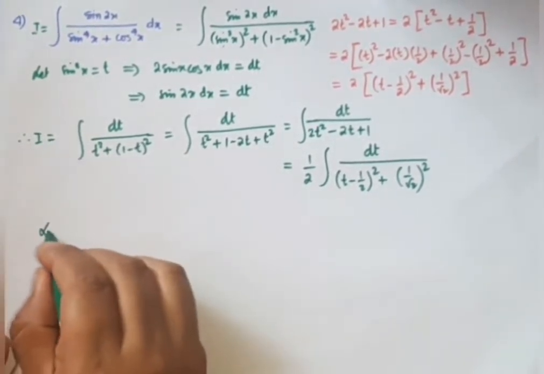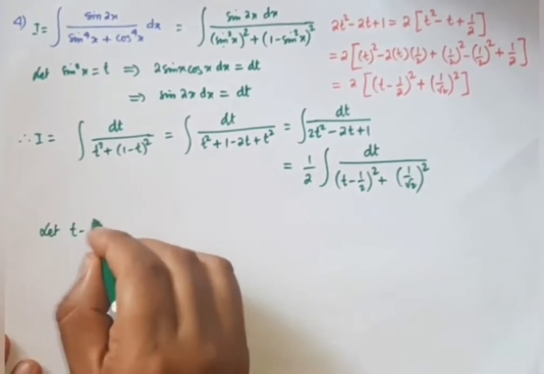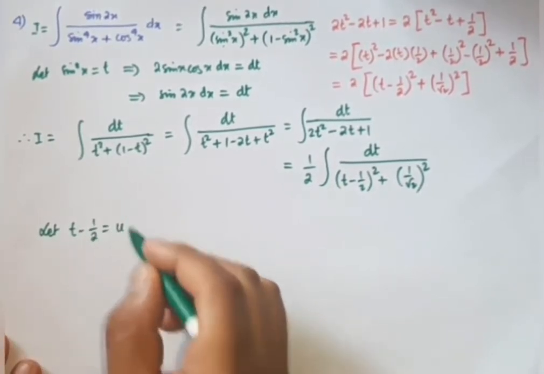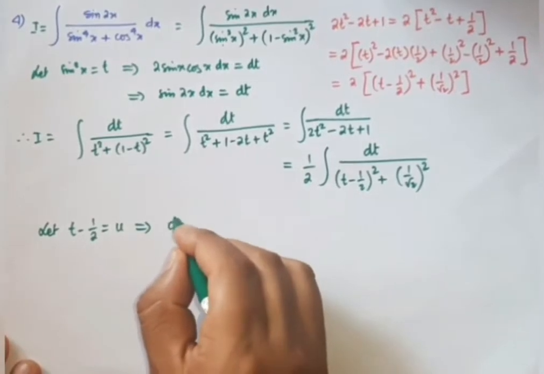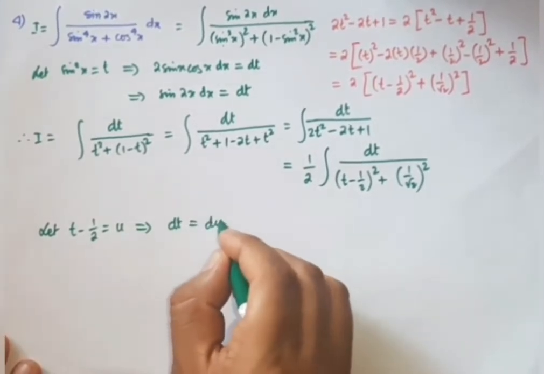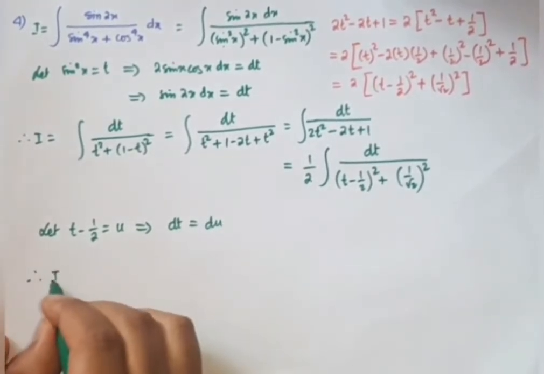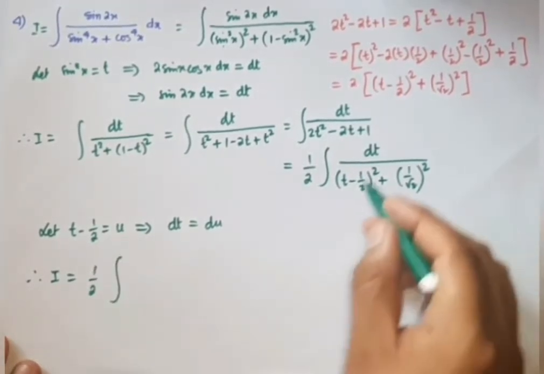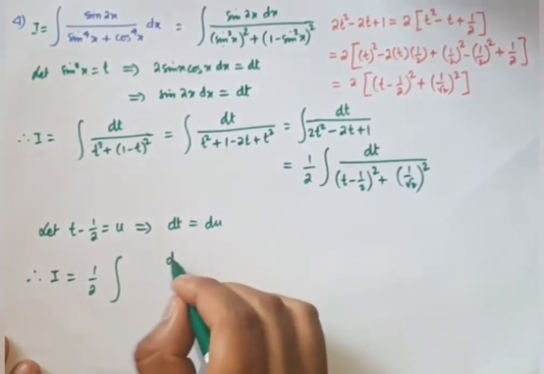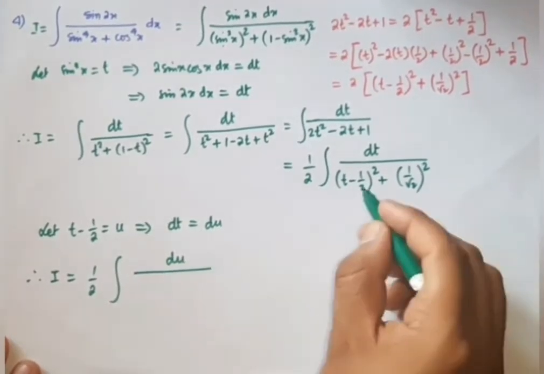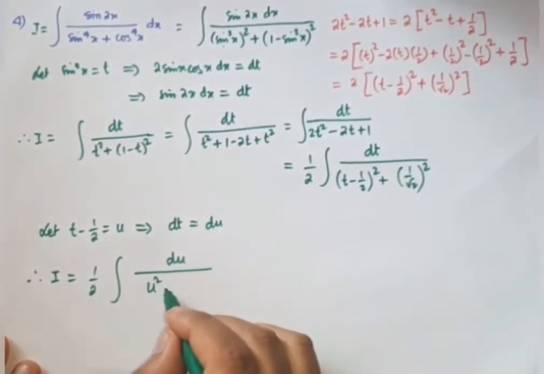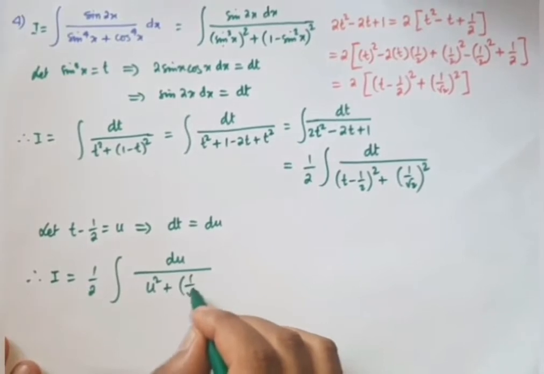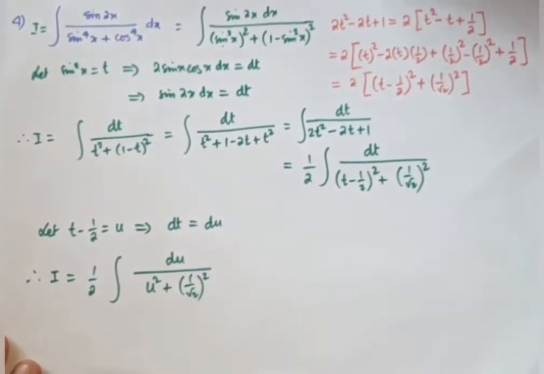So let t minus half equal u. So from here I will get dt equals du, right? Therefore my integral I changes to half integral du by u square plus (1 by root 2) square.